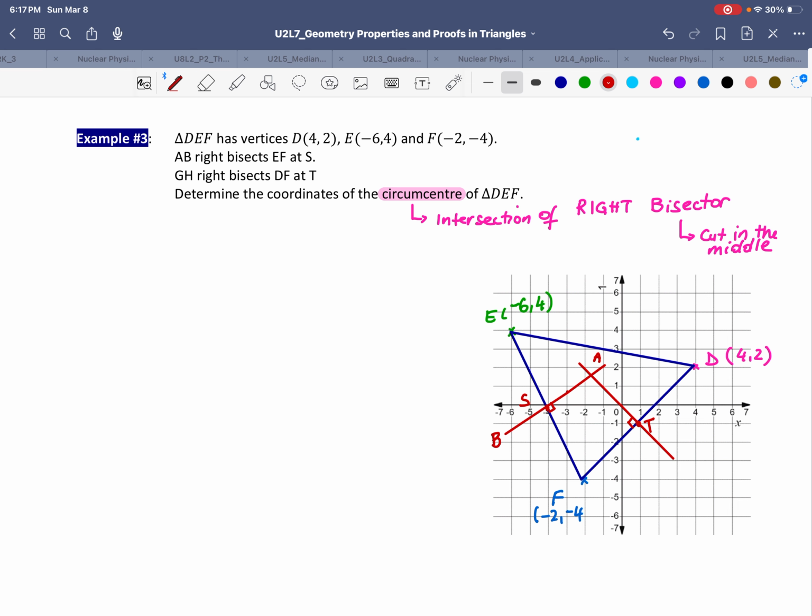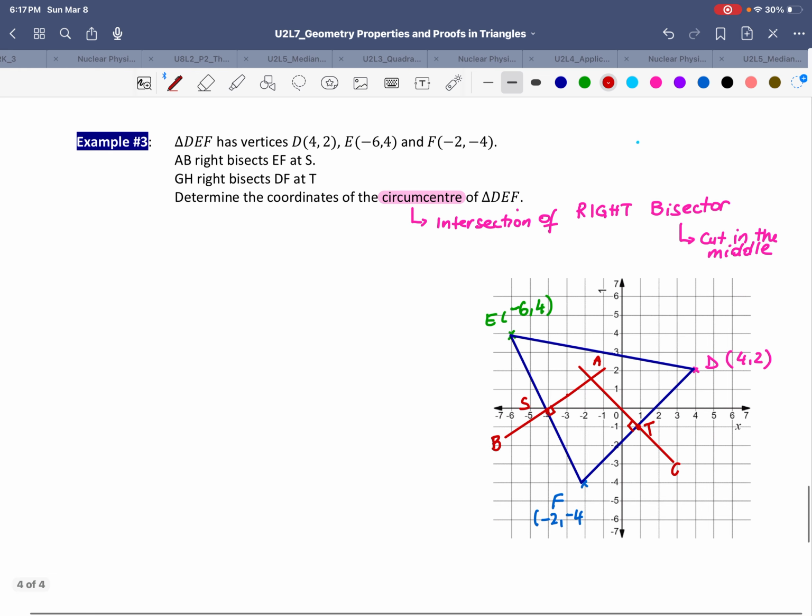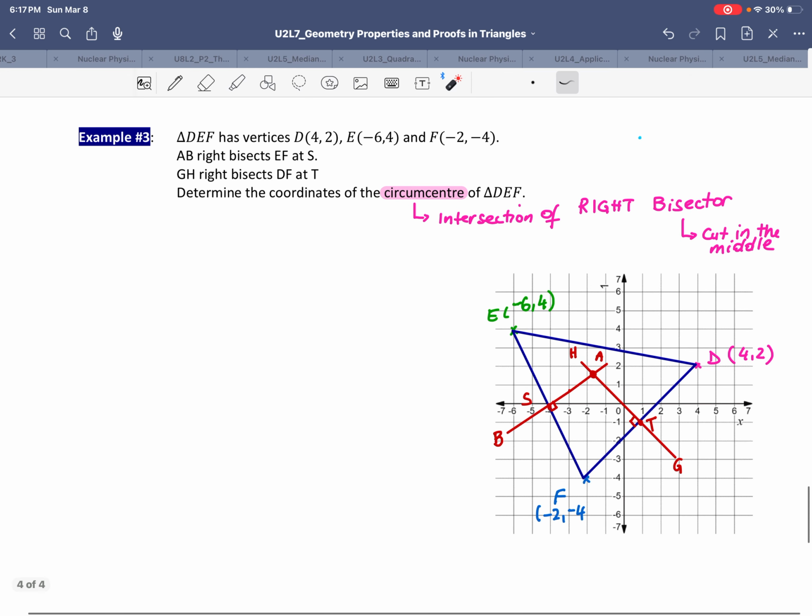We're going to label this as GH. So this is G and this is H. As you can see, they intersect at some point in here. Now remember that this is not to scale yet because we're just drawing this approximately, so we're estimating it.